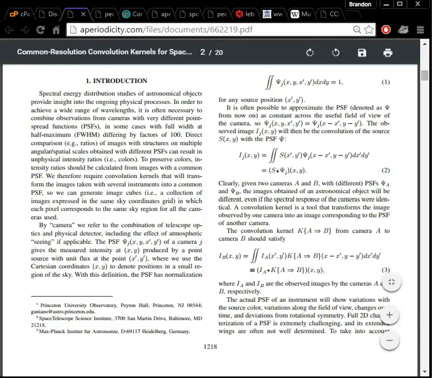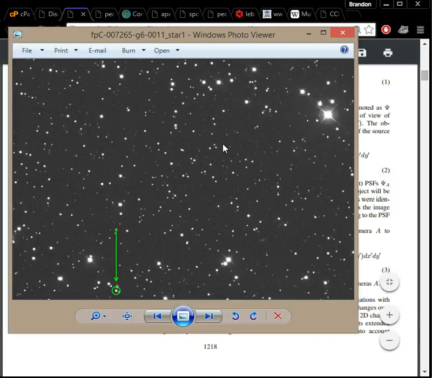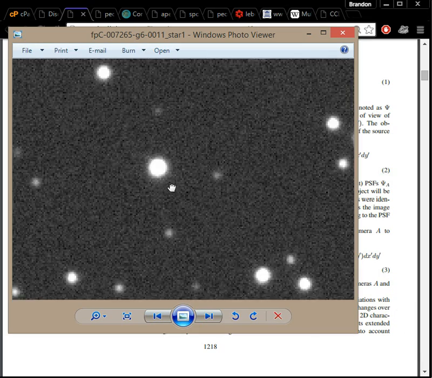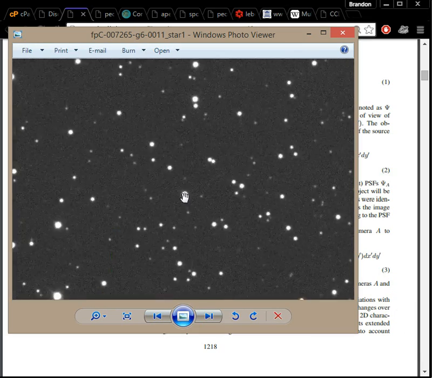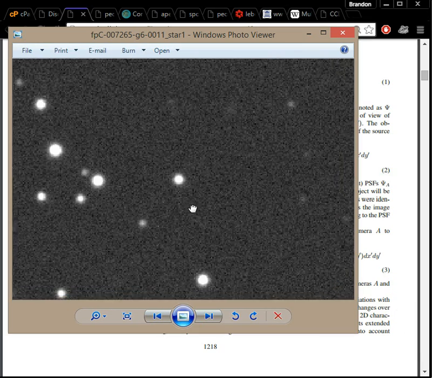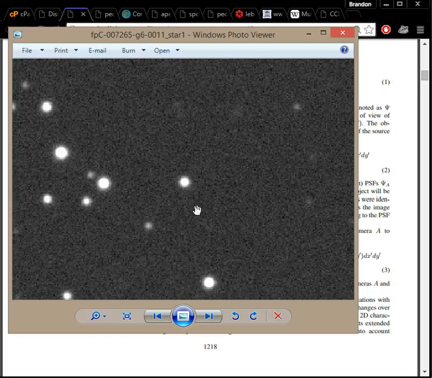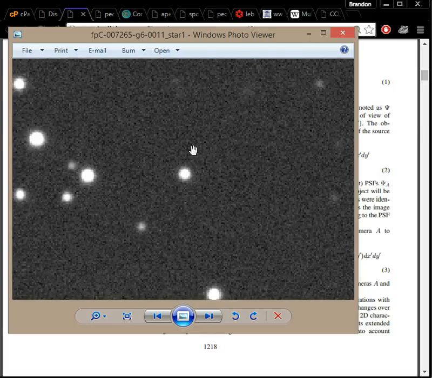I want to say, in this image, for instance, I'll just use an example. These stars are point sources, so no telescope on Earth could possibly resolve these stars to the size of their actual disks, like the edge of the sun. But these point sources have been convolved with a point spread function.